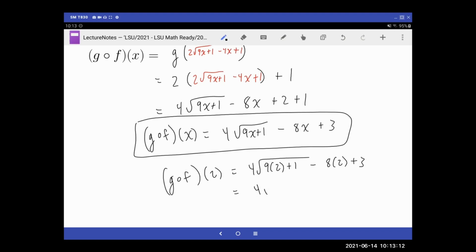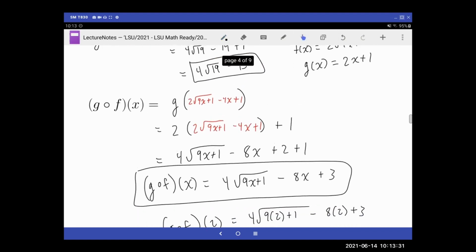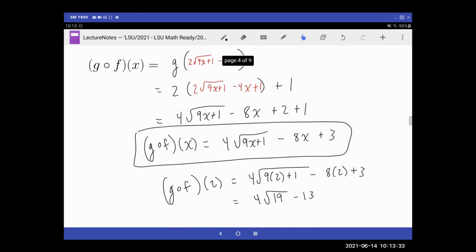Hopefully we do. 9 times 2, 18 plus 1, 19. 8 times 2 is 16 plus 3. Negative 16 plus 3 is going to be a negative 13. Yep, negative 4 square root of 19 minus 13. Okay, so that's two different ways you can get to the same thing. One is two separate functions that are composed. The other one is composed of two functions to get the new function, the new formula, and go from there.